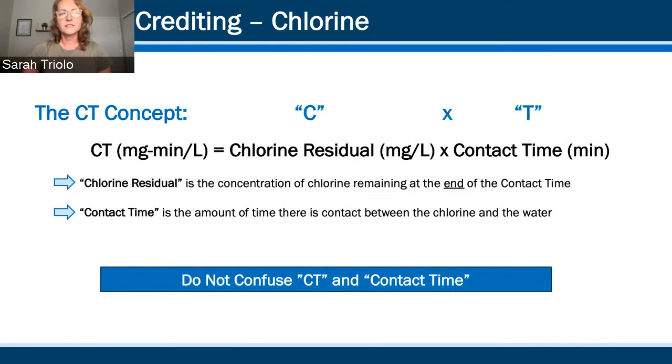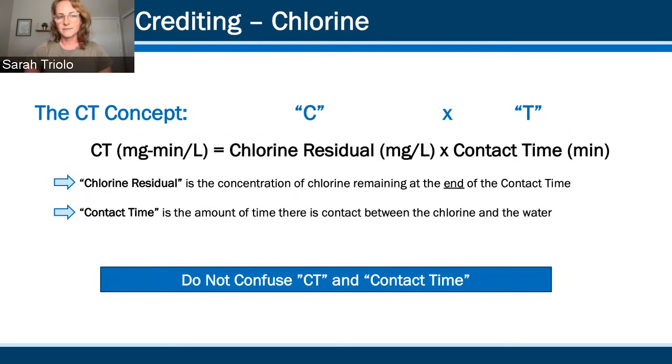So the basis for crediting with chlorine disinfection is this concept of CT, which is the product of your chlorine residual and your contact time in a chlorine reactor. So the chlorine residual is how much chlorine you have remaining at the end of your contact time.